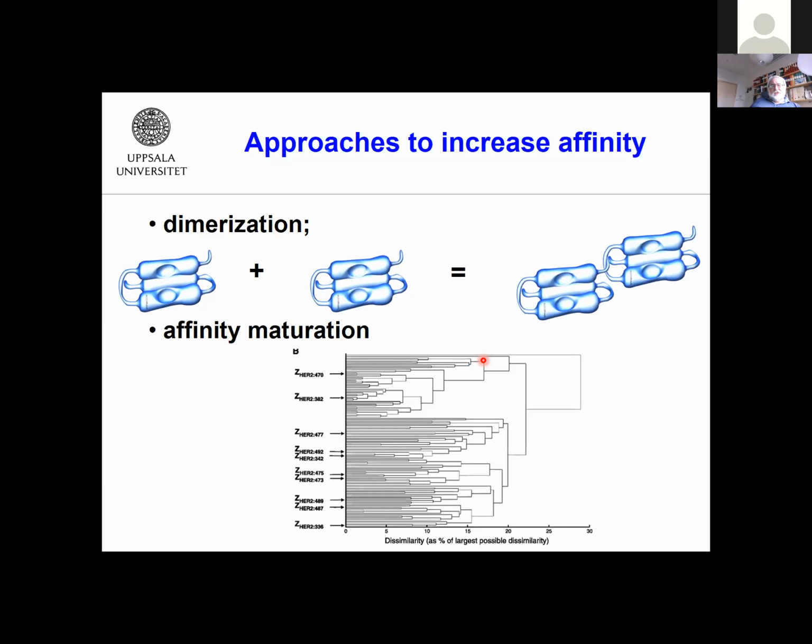Alternative is a process so-called affinity maturation. This is appreciably trickier. So you generate several clones of antibody molecules or whatever binder you have. You identify amino acids which are concordantly in certain positions.